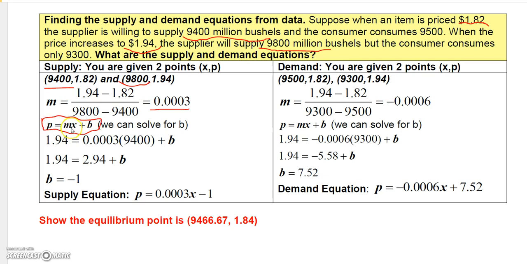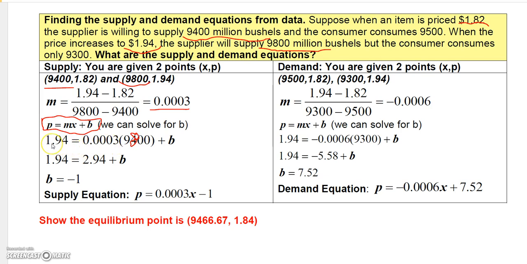So I know the slope, but I don't have the b value. What I can do is plug in a point here, and so I'm going to plug in the point $1.94 and 9,800. The answer is correct though.